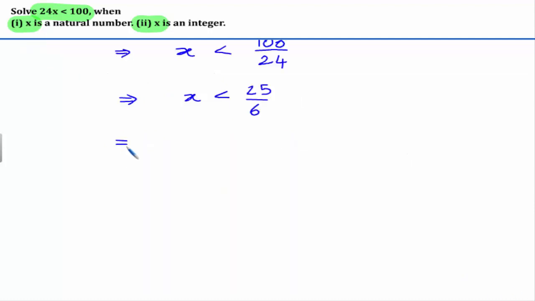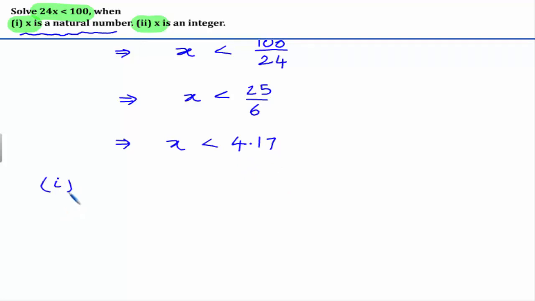So that implies x < 4 point something. It's approximately 4.17. That means in the first case, we have to find all natural numbers which are less than 4.17.